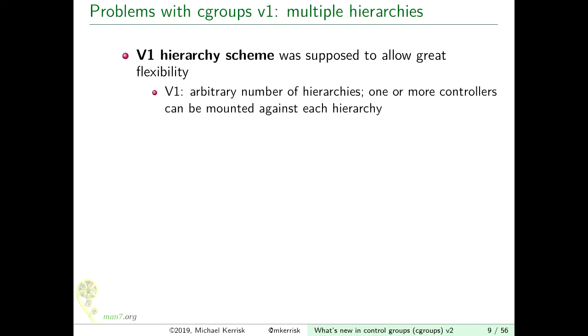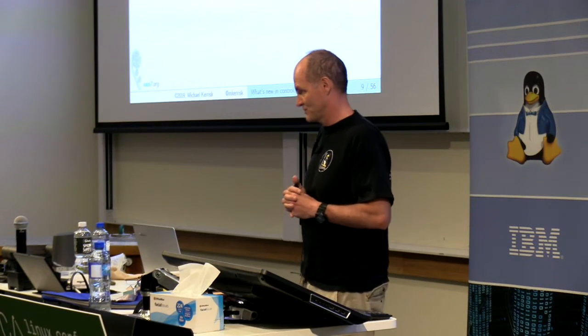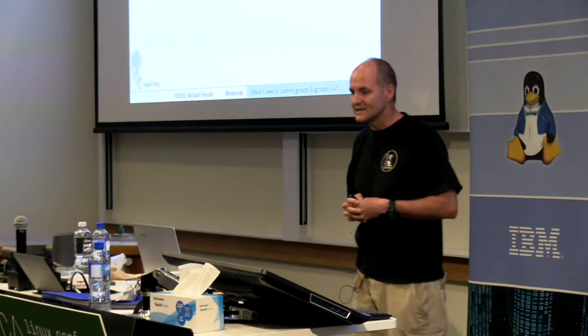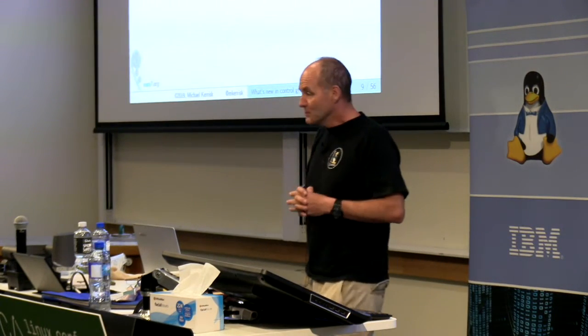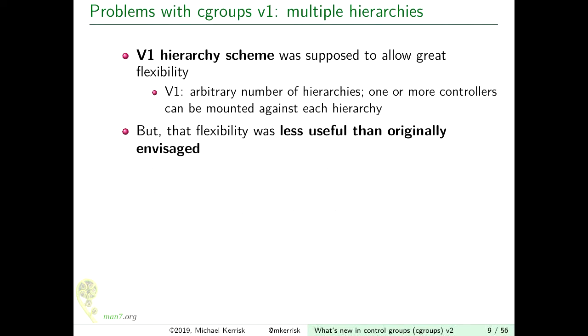You could have individual controllers attached to individual hierarchies, or you could have multiple controllers attached to a single hierarchy, whatever you liked to do. That was the theory, at least. So, be super flexible. But it turned out being that flexible wasn't, in a practical sense, useful for most people.